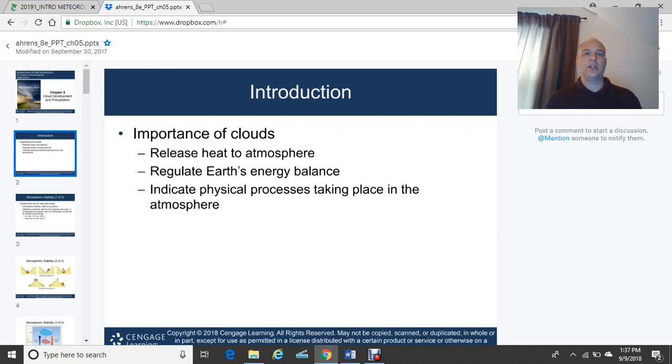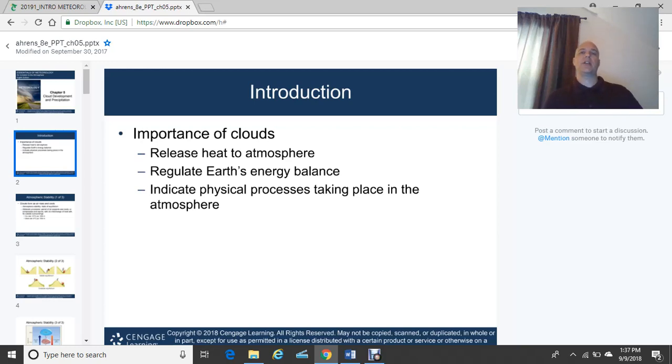We talked a little bit about that with the greenhouse gases when we talked about water vapor, which, composing clouds, tends to trap long wave Earth radiation closer to the surface. Clouds also indicate physical processes taking place in the atmosphere. The shape of a cloud will tell you a lot.